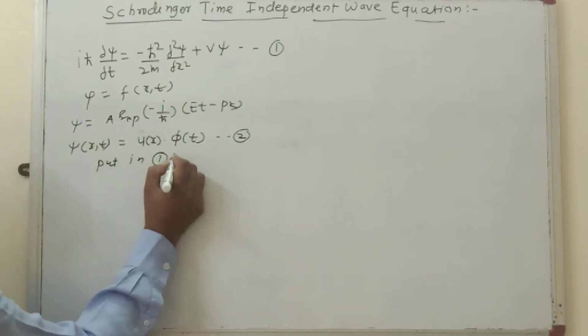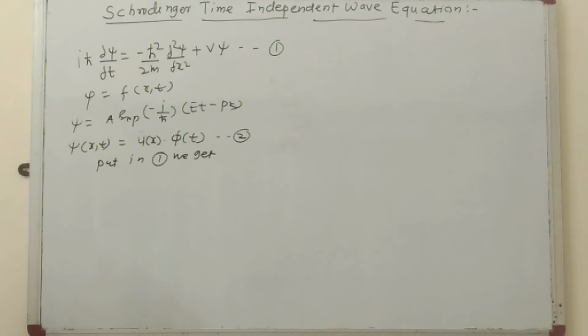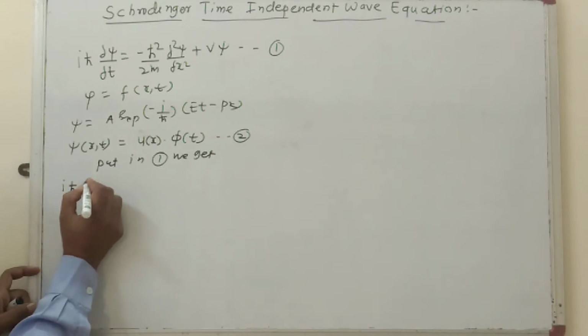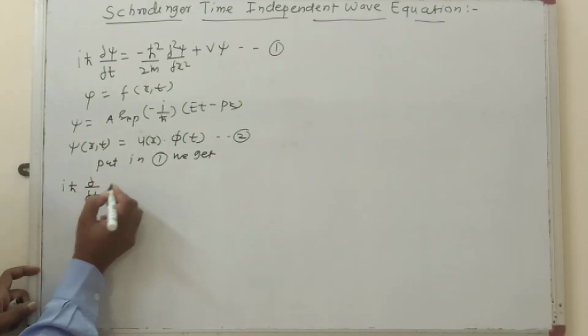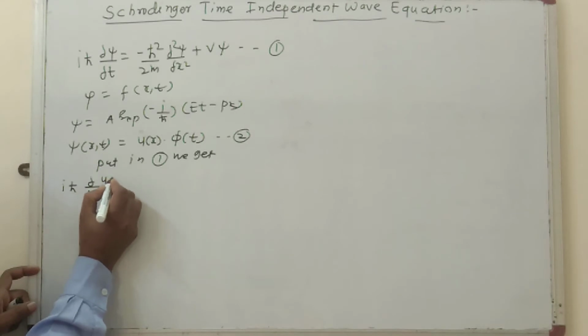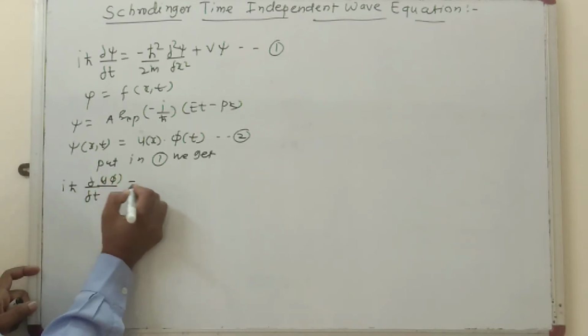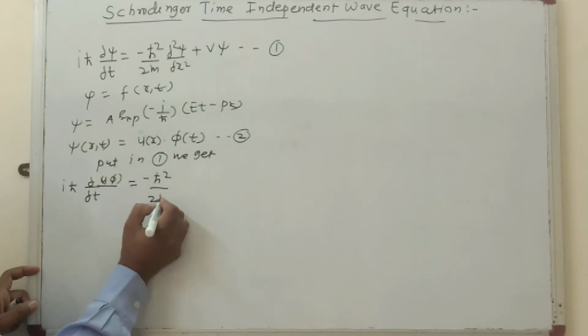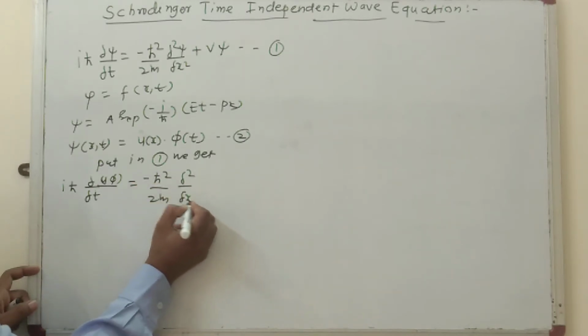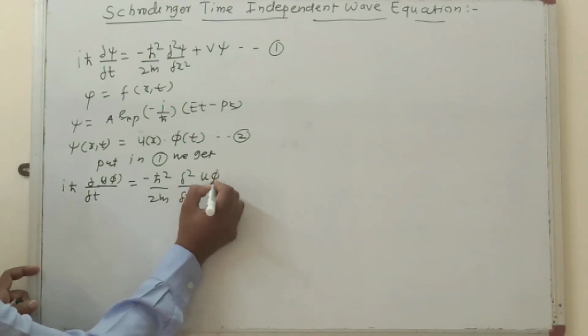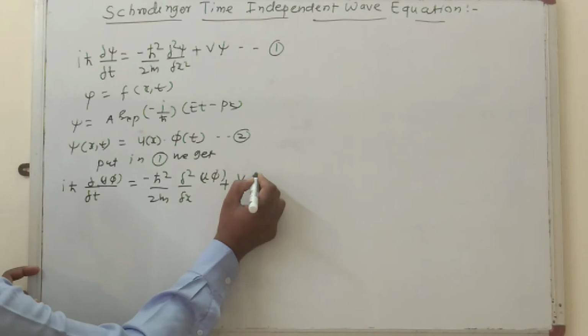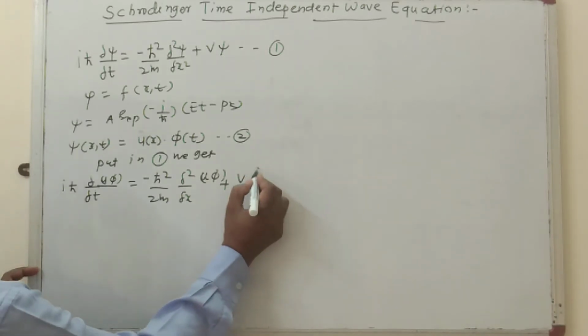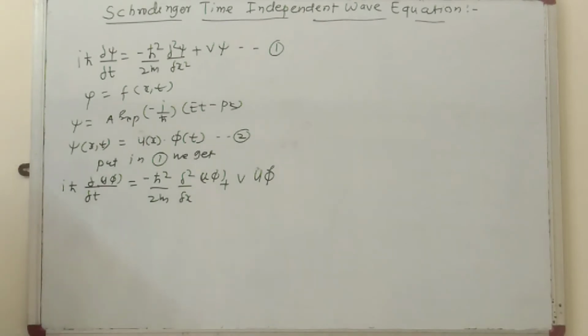Put this in equation 1. Because your aim is to find the time independent wave equation, we get iħ ∂/∂t (uφ) = -ħ²/2m ∂²/∂x² (uφ) + Vuφ, because we replace ψ by uφ. u is a function of x and φ is a function of t.